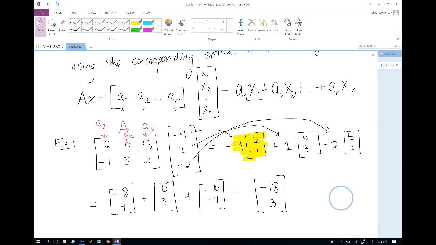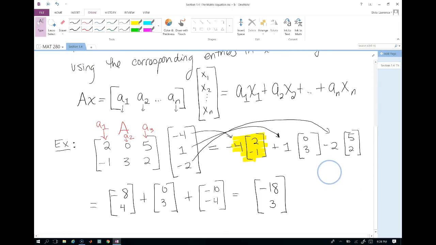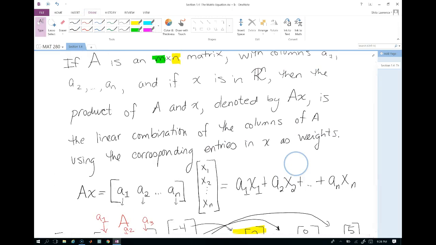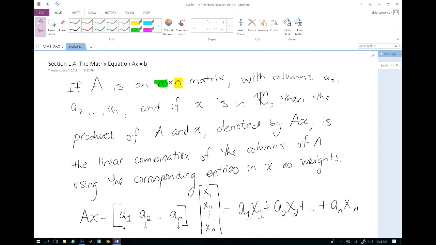There's just something that you need to make sure always matches to make this work. And they say it in the definition, but some people don't always catch up on it. A is an M by N matrix, and then X is in Rn. Those numbers have to match in order for this to work.